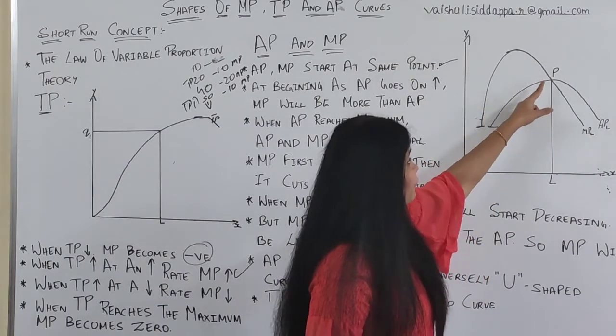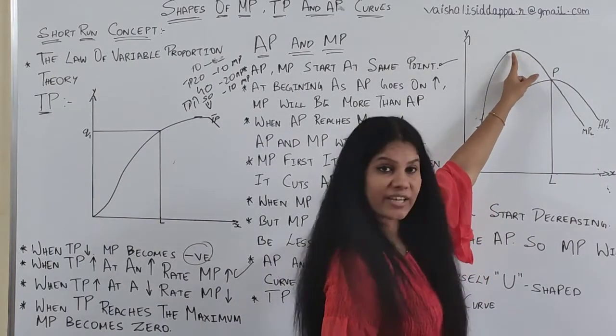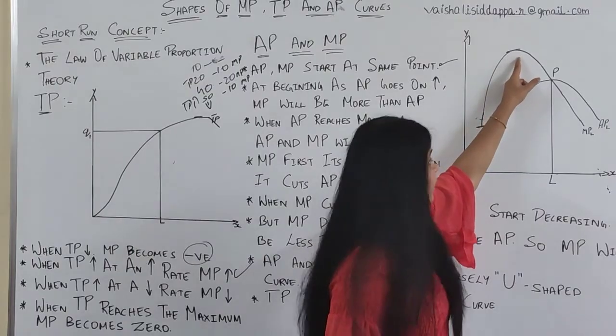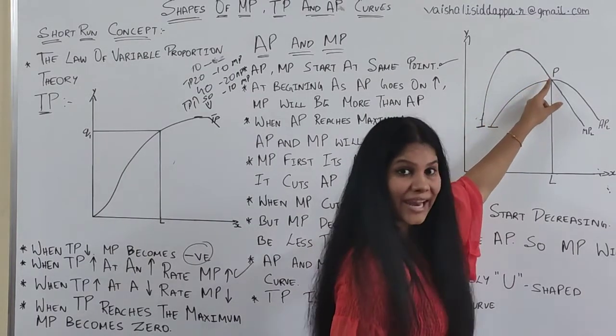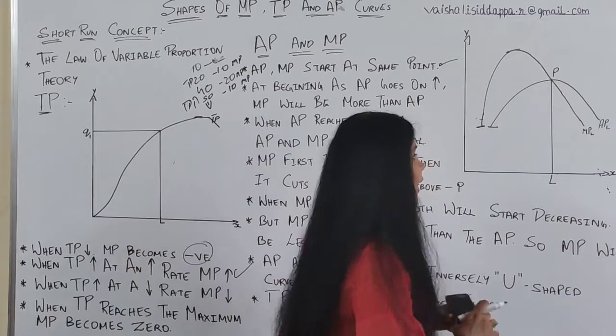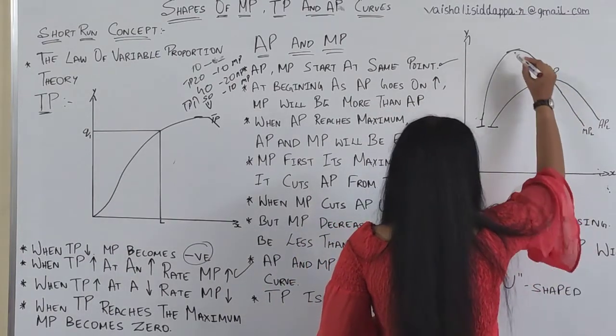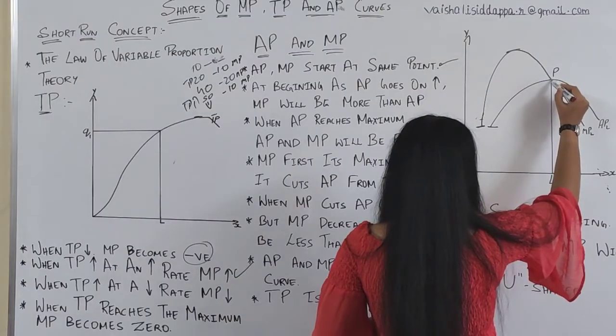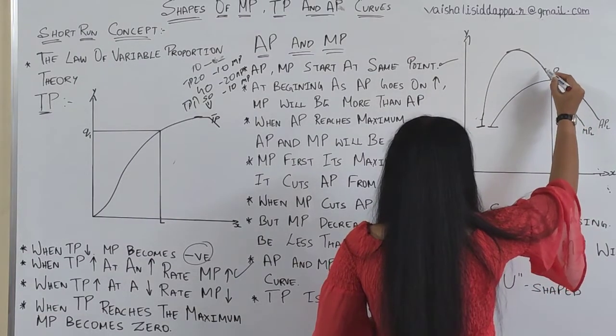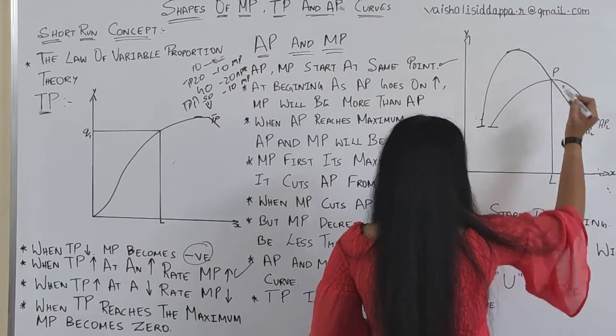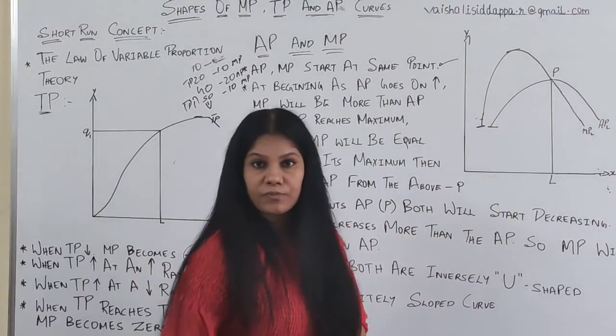Before APL reaches its maximum, MPL comes down from above and cuts the APL curve at this point. Can you see that?